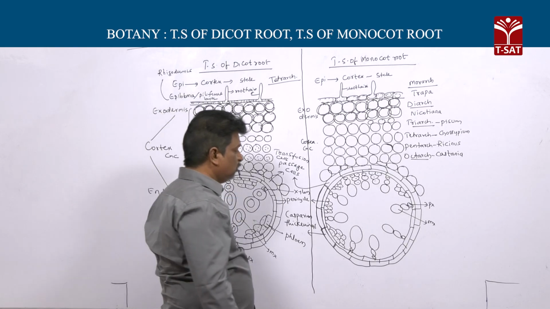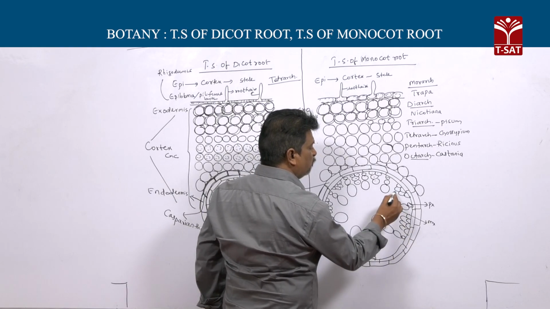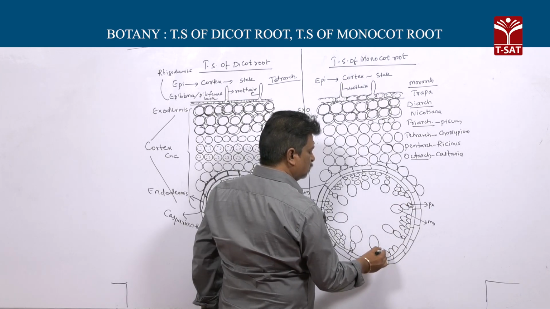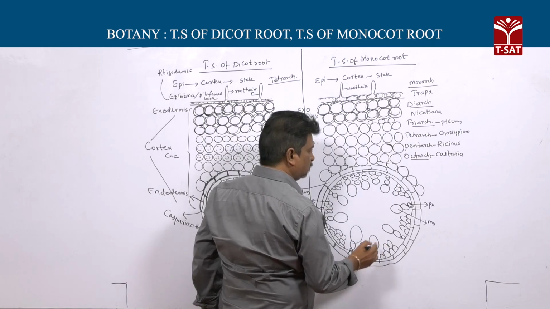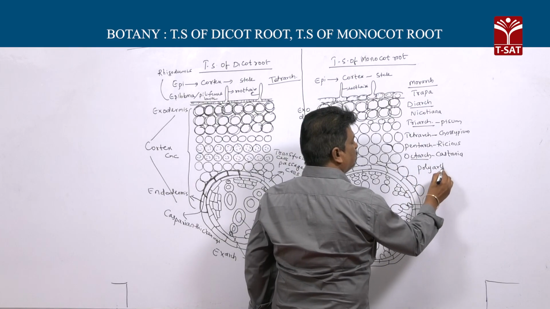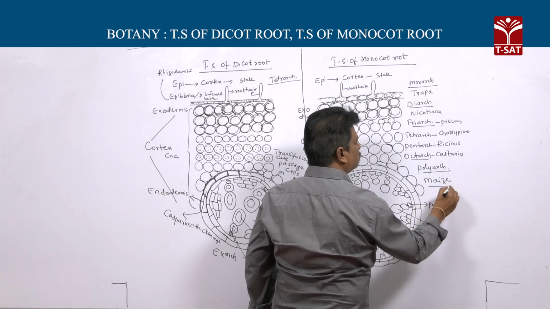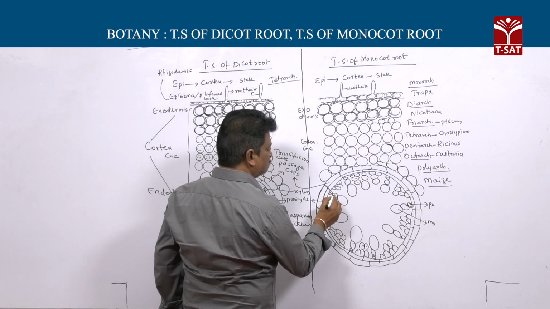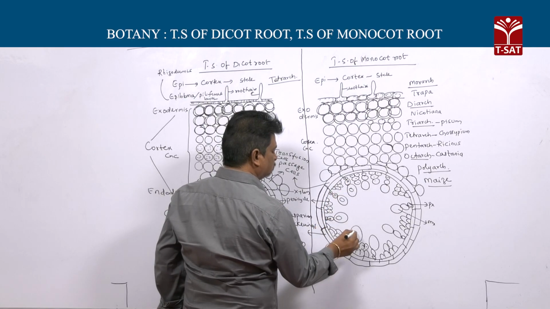Then monocot root. In monocot root, many vascular bundles are present. That is called polyarch. So many vascular bundles, called polyarch, seen in monocot root. Example is maize. Then next one, medulla.